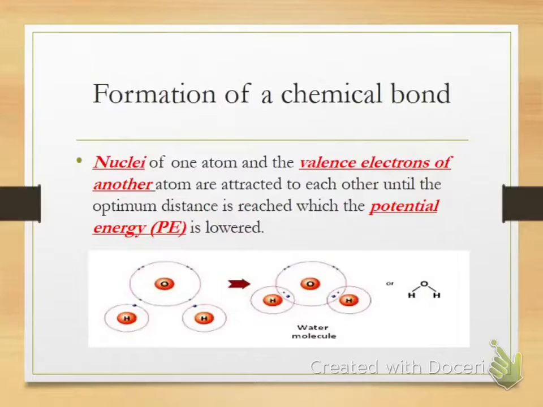So the formation of a chemical bond, okay, it's the nuclei and the valence electrons. And again, this is the second time that I've said it, so it must be important. The potential energy is lowered. Is it supposed to say formation of a covalent bond?